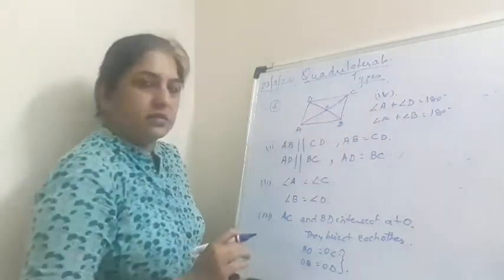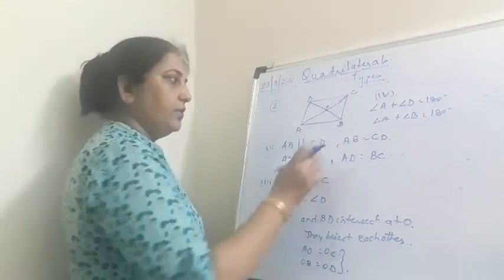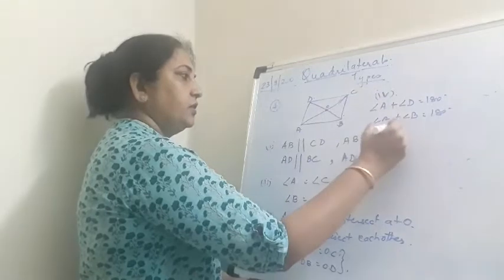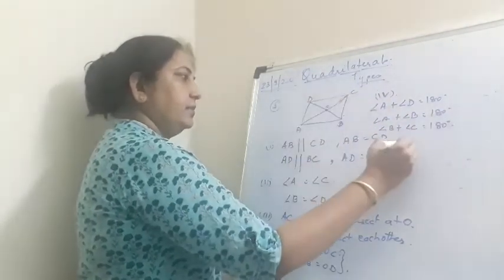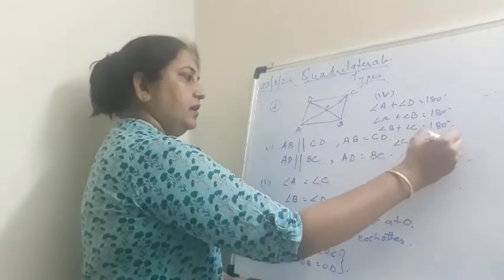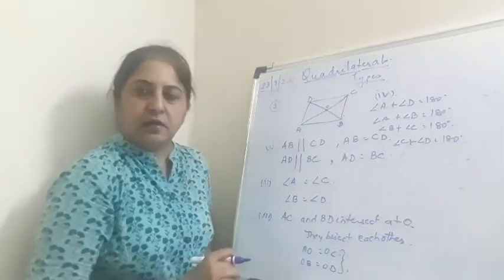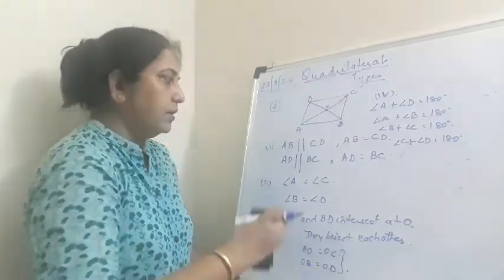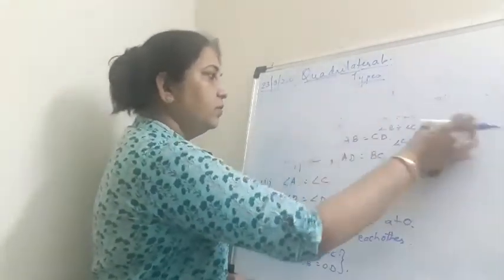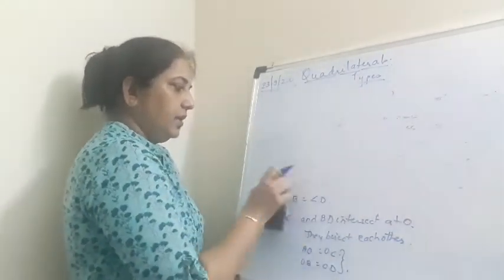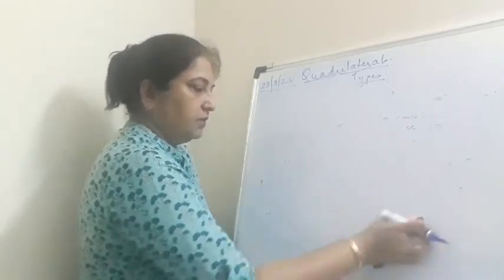Any two adjacent angles you can take: B plus C equals 180, and C plus D is equal to 180 degrees. If you have not written these properties in your notebook, children, please write them down and learn them by heart. Then we will have theorems after this.